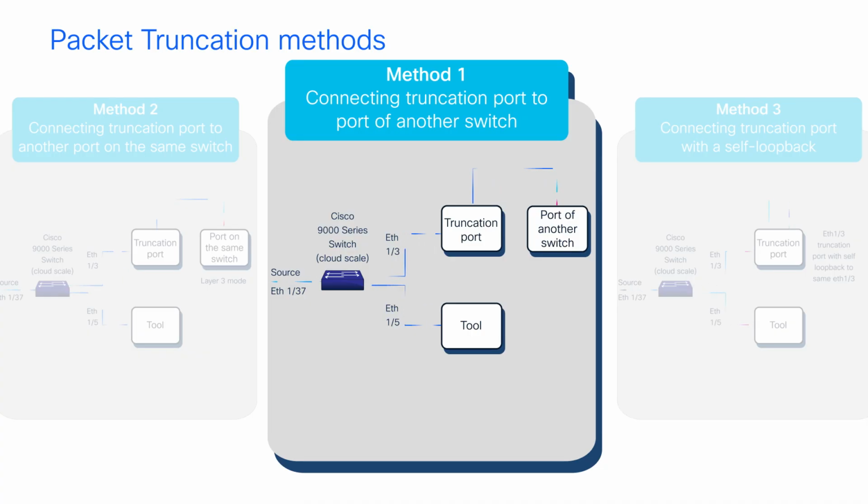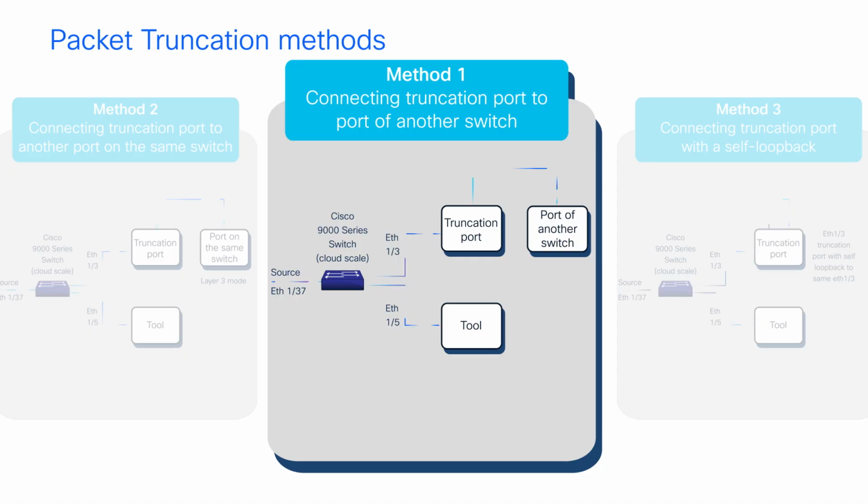The primary use case is to take all the packets from 37, truncate them, and then send them to the tool port. For doing the truncation on the tool connected on Ethernet 1/5, we need an intermediate port, in this case Ethernet 1/3, which we call a truncation port. And the responsibility is to make it layer 2 up.